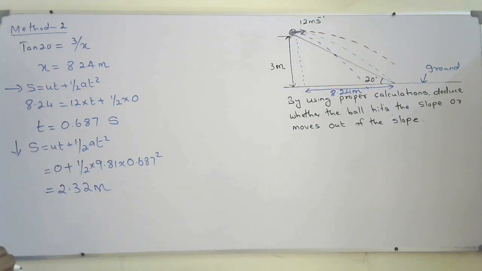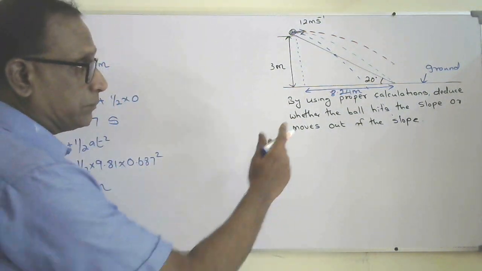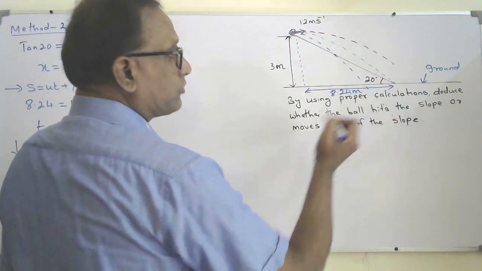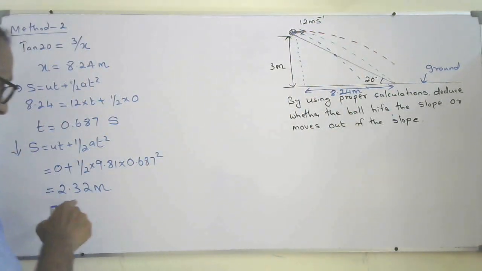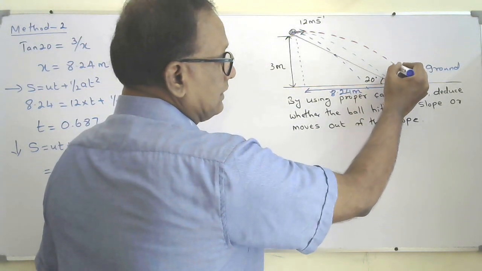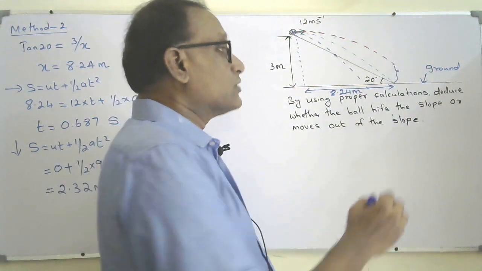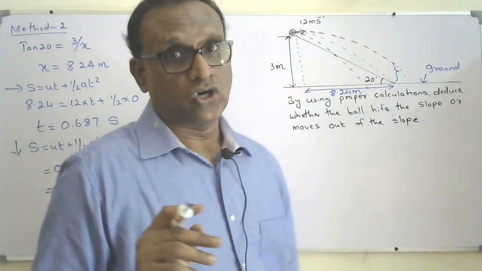That means 2.32 meters is less than 3. So when the ball completes a horizontal displacement of 8.24 meters, it has fallen only 2.32 meters. That means the ball is somewhere here. This much of gap is still there. So it will move further and hit the horizontal floor, not the slope.